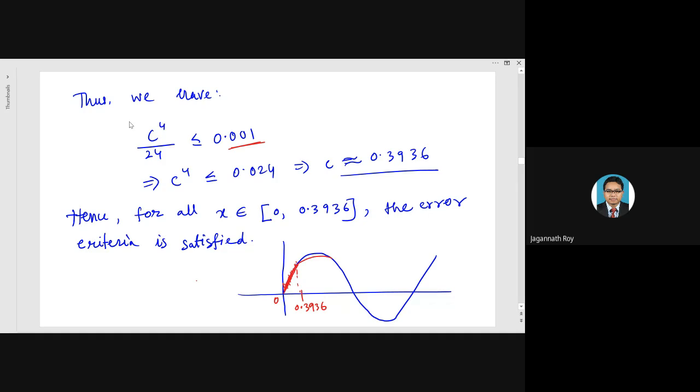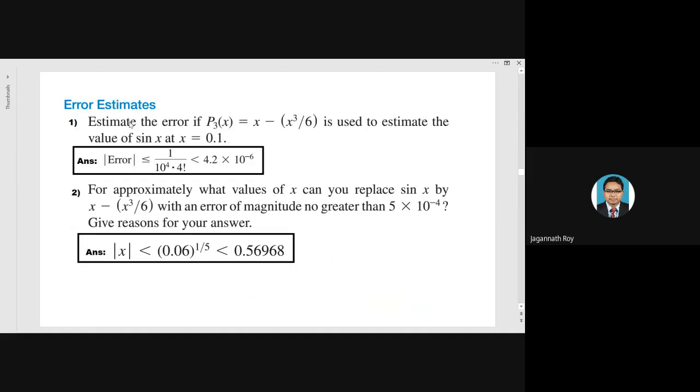If you go back and check the second problem, so the second problem was, okay, this is your task, to find out the error. I have included the error term, so try to find out.